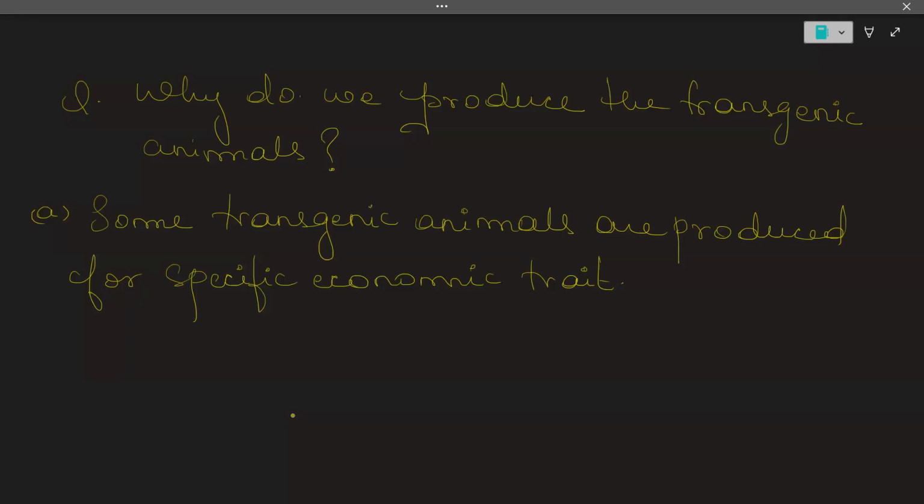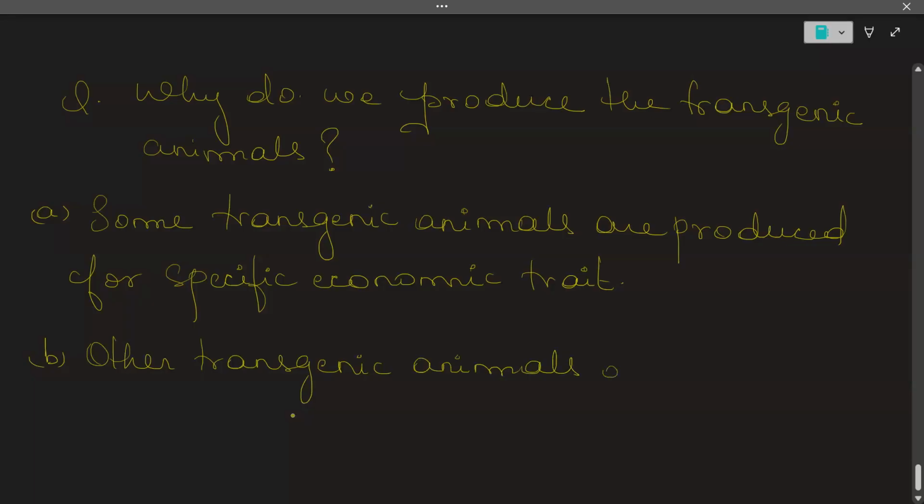Now, the other transgenic animals are produced as disease models.